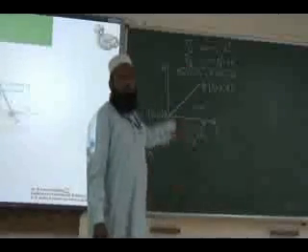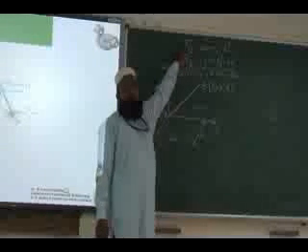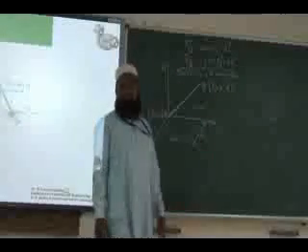So like that we will find position vector between point A and B. Position vector for A, position vector for B, then RAB is RB minus RA. Okay.